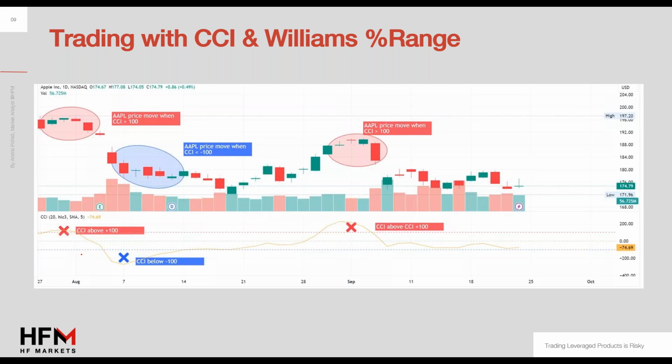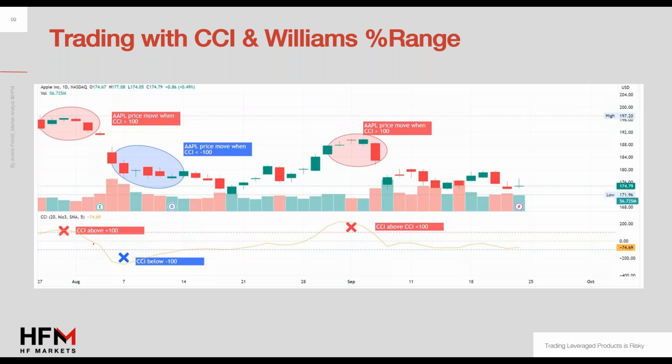Right? So it managed to turn below 100 as soon as Apple stock declined by nearly 5%. As you can see, it started turning lower and lower until it gapped down, and you can see that the CCI finally dipped below 100, indicating that there is a downtrend for the asset.